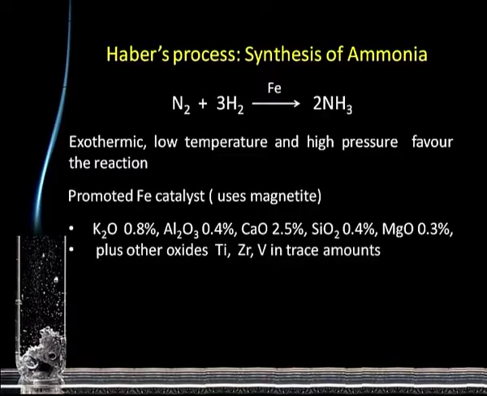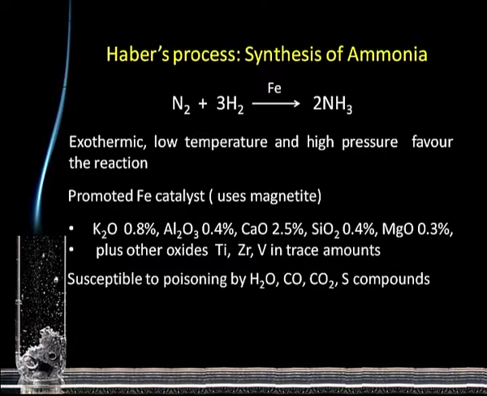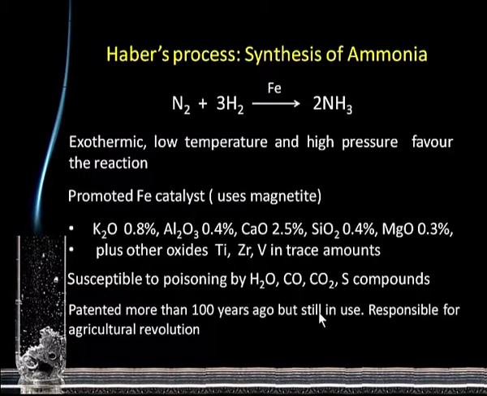We want the activity to be maximum, and you can imagine this catalyst, in spite of all this, is susceptible to some catalyst poisons. We have to avoid them. If you look back, more than 100 years ago this formulation was patented and it is still in use. That shows the success story of this particular catalyst and the process.